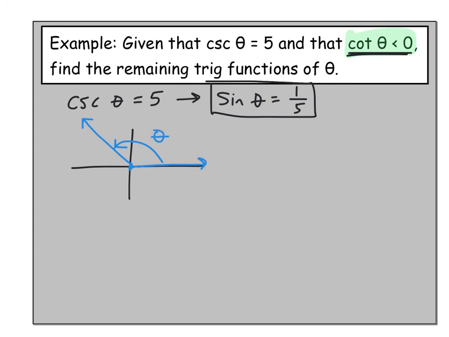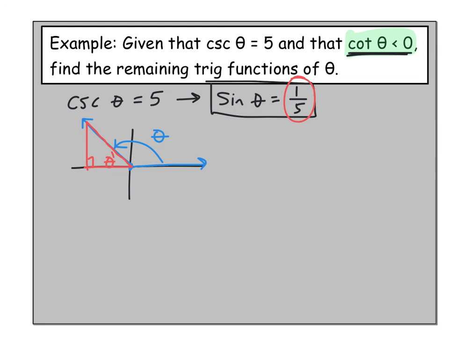What we're going to do is use the reference angle, same terminal side, and use the x-axis. This is not drawn to scale or anything, it's just going to be our little visual. There's our reference angle. I'm going to set up that triangle with the ratio that they gave me. Sine equals 1/5.